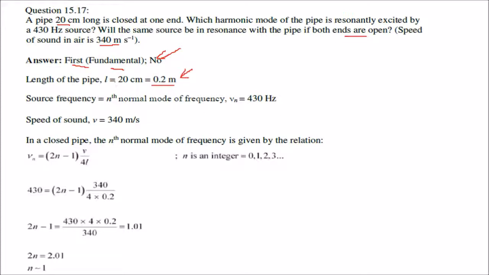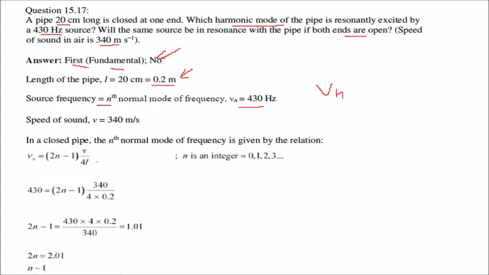What is the source frequency? The source frequency is simply the nth normal mode of frequency, that is, we call it as Vn. So the harmonic mode of the pipe is resonantly excited by this much frequency of the source, nth normal mode. So we can write it as Vn equal to 430 Hertz.